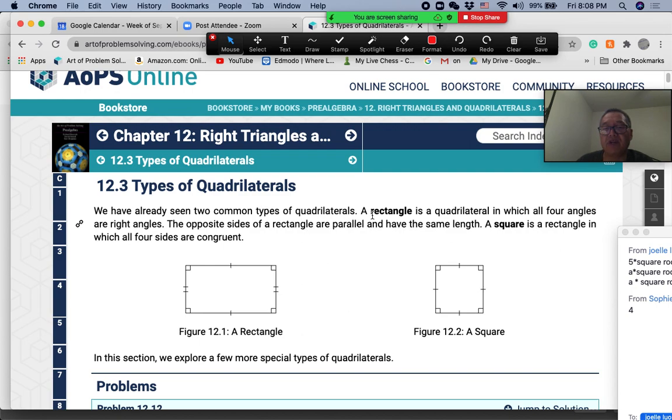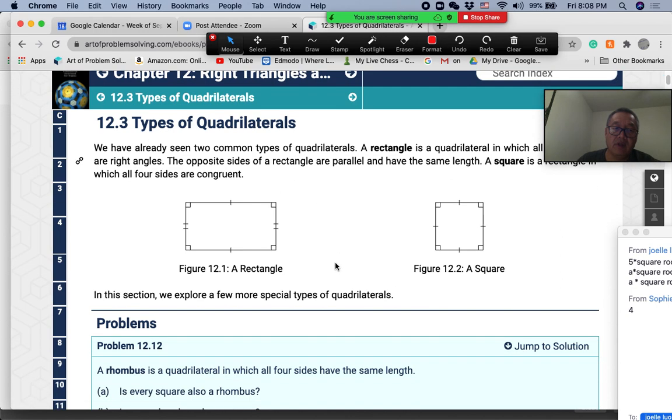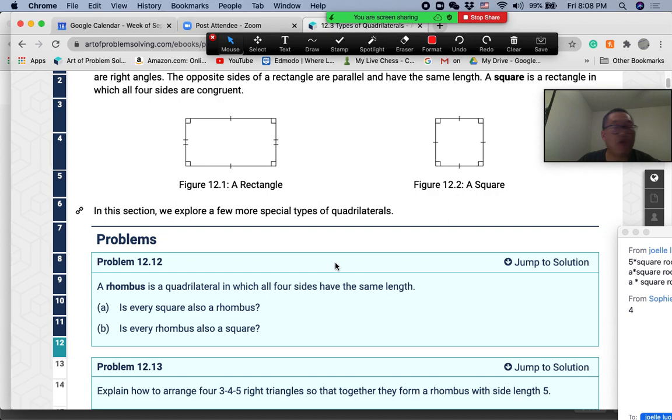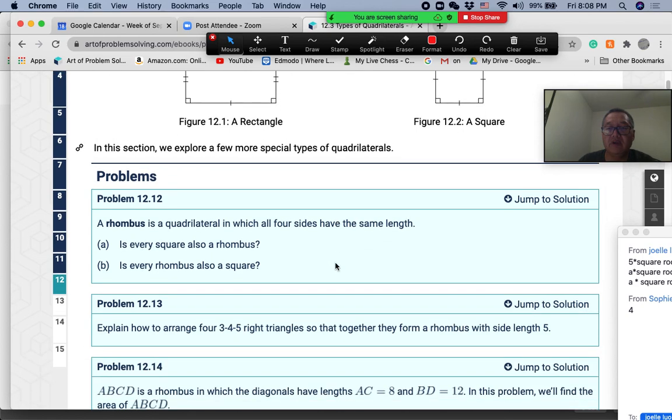The special cases of quadrilateral are usually the rectangle, as you can see in this picture, and also the square. These two types of figures are special cases of quadrilateral. A trapezoid is also a quadrilateral.